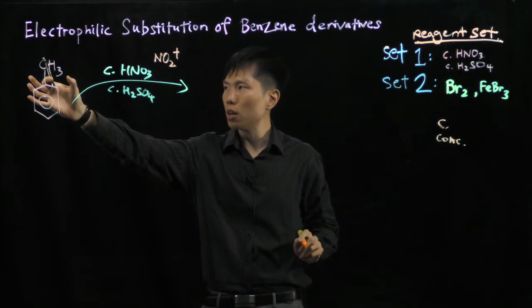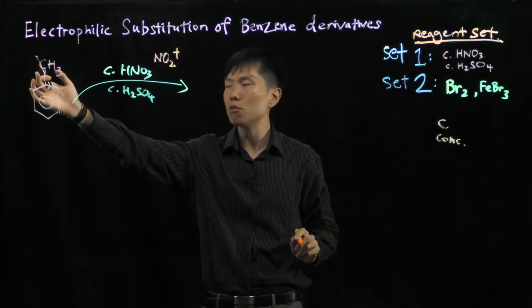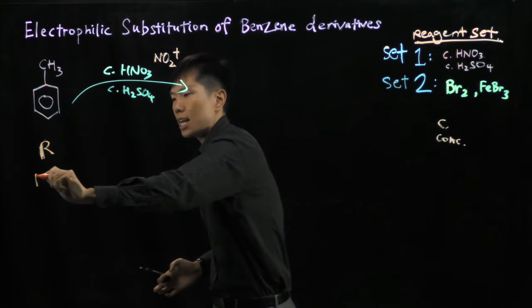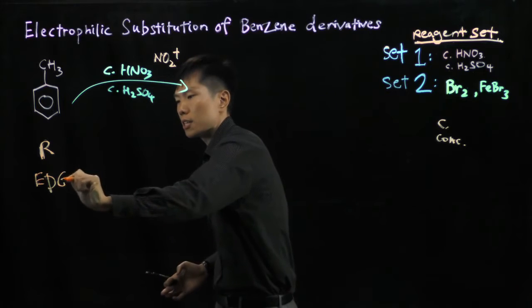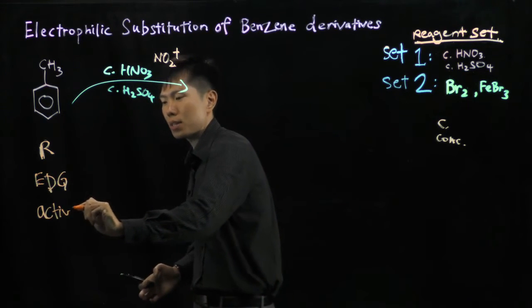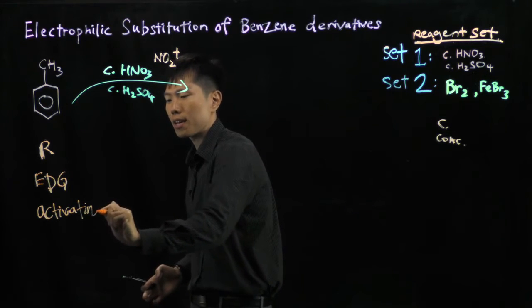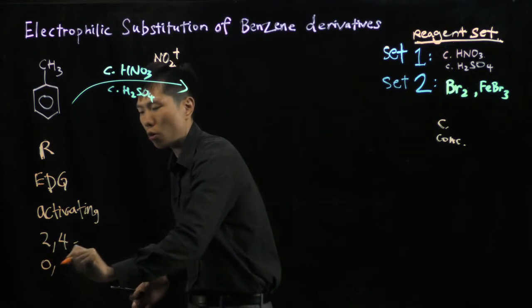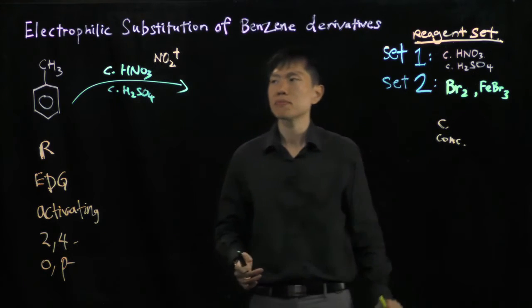Now let's take a look. The only substituent of the original substrate here is a methyl group, which is an R group. This R group is an electron donating group, and it is activating. Although it's a bit weak, it is still activating, and it is 2,4 directing, or ortho-para directing.